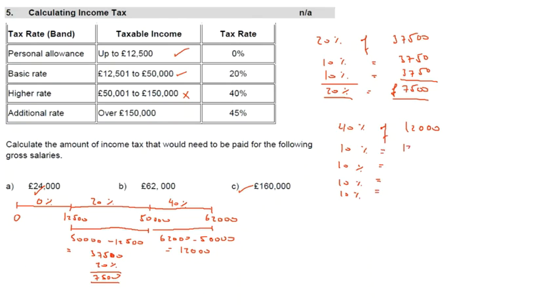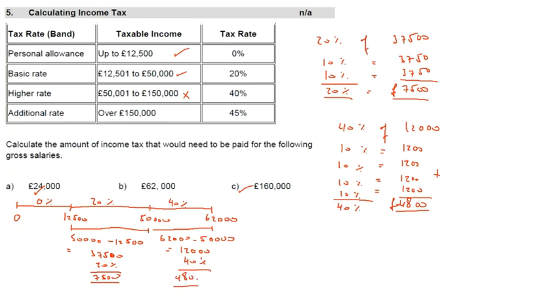Now obviously 10% is 1,200. 4 times. You can probably work this out without the column method, can't you? So 40% is going to be £4,800. So this here, 40% is 4,800.